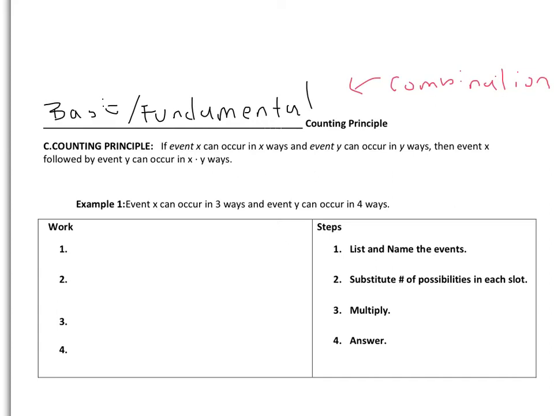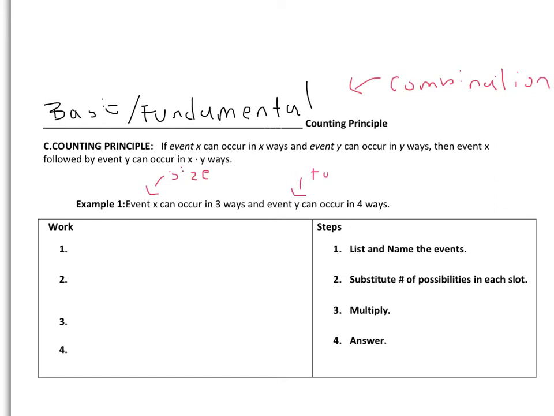It says event X can occur in 3 ways and event Y can occur in 4 ways. So let's think of an example we might have. Let's say we're making a pizza, and event X, the size of the pizza, happens in 3 different ways, and event Y, the toppings, happens in 4 different ways.